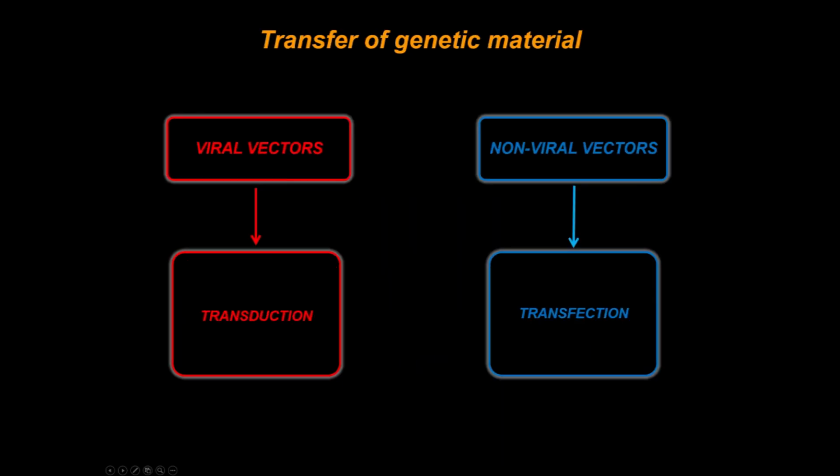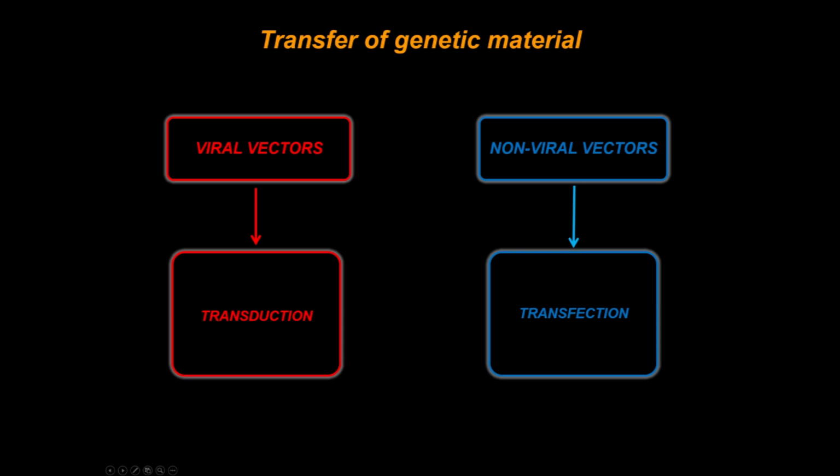What all types of gene therapy usually have in common is the use of vectors whose task is to effectively introduce genetic material into cells and protect the transgene against degradation. There are two types of vectors, viral and non-viral.